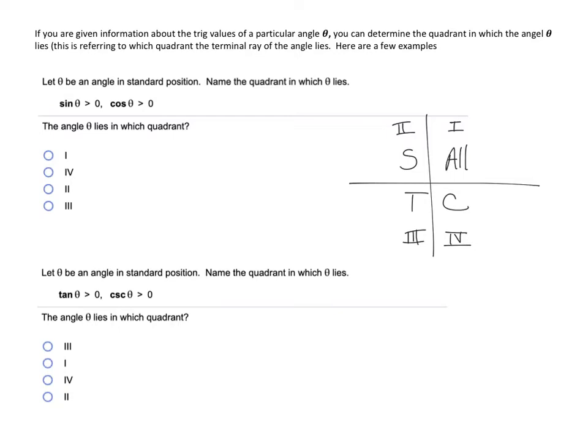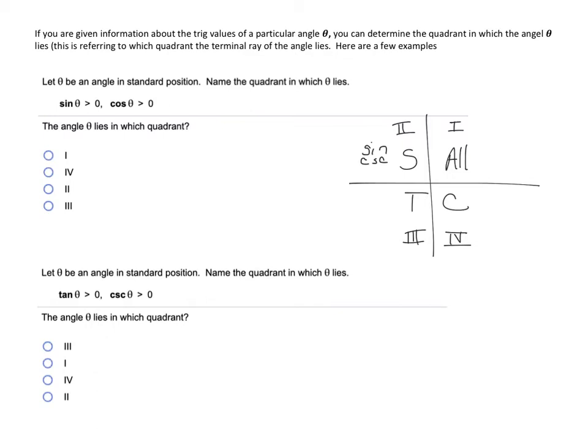That's easy. The S in quadrant 2 represents sine and its reciprocal, cosecant. This means that sine and cosecant are the only two trig functions that are positive in quadrant 2. All the others are negative.